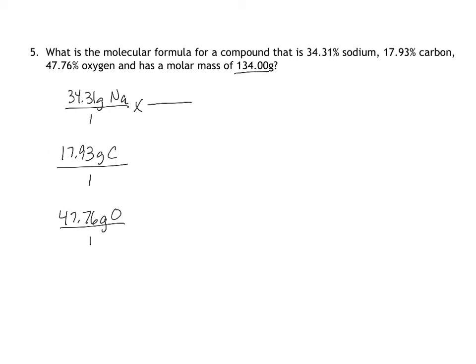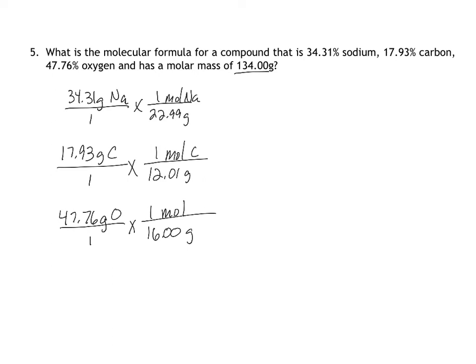Now we need mass to moles. So sodium, I need to look that up on my periodic table and find out that sodium has a weight of 22.99 grams per 1 mole. Carbon has a weight of 12.01 grams in 1 mole of carbon. And good old oxygen. There we go. Now we're going to calculate these out and find out how many moles we have of each.